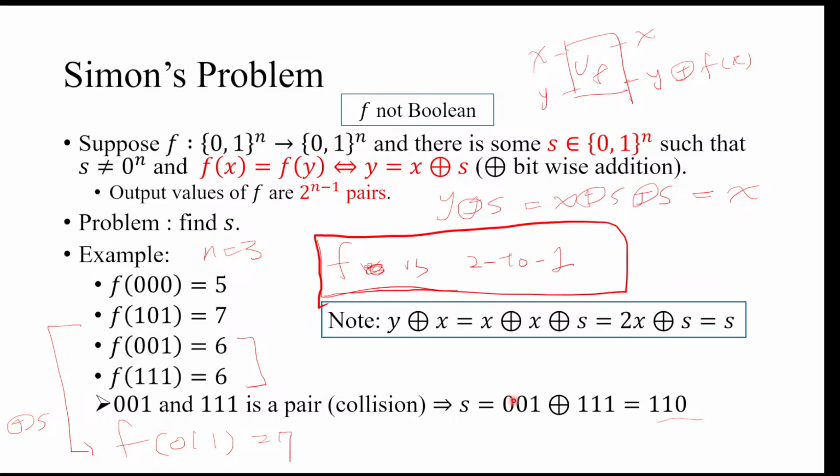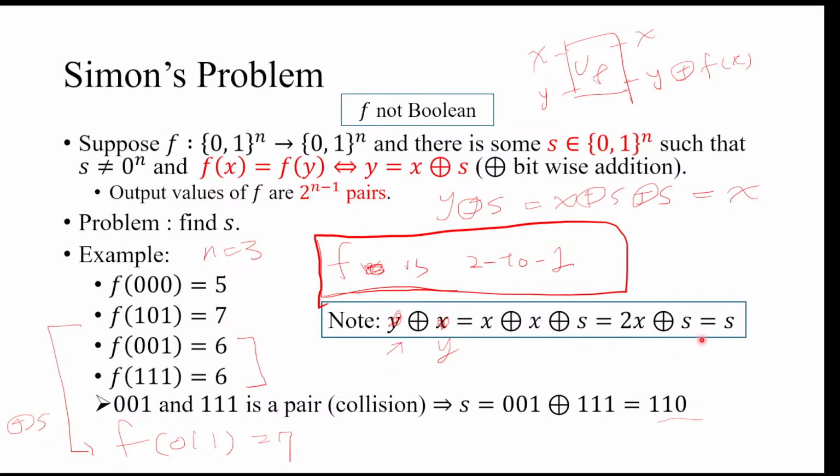S is just the bitwise addition between x and y. Because y equals x plus s, x plus y is x plus x plus s, and we can switch the order.